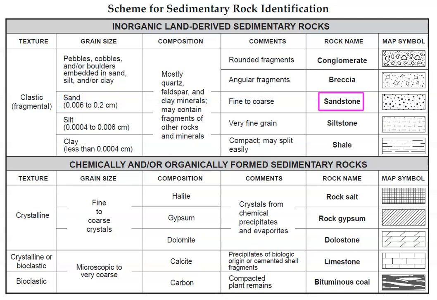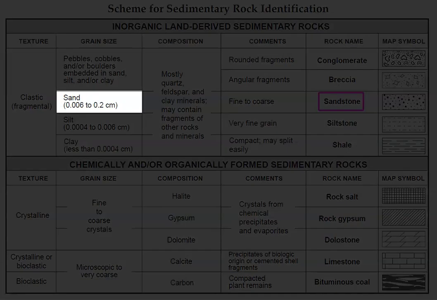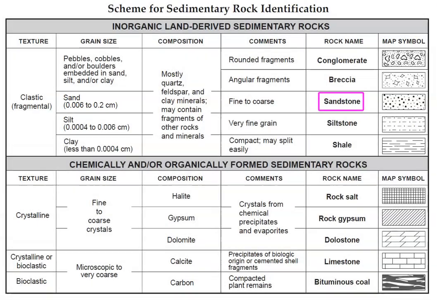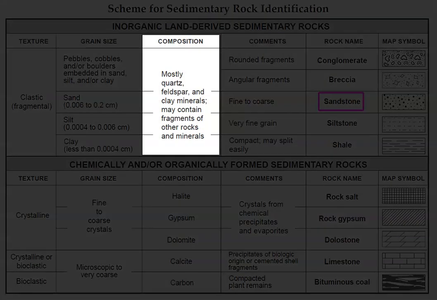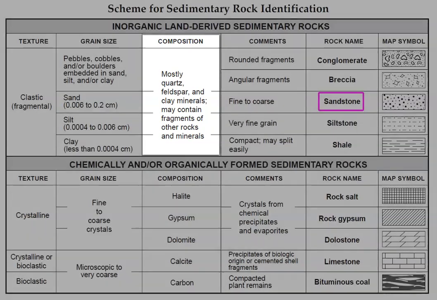And we can see in the grain size column that those materials are sand sizes, so that's between 0.006 to 0.02 centimeters in size. In terms of composition, a sandstone is going to be mostly quartz, maybe some feldspar and clay minerals, and it may contain fragments of other rocks and minerals.